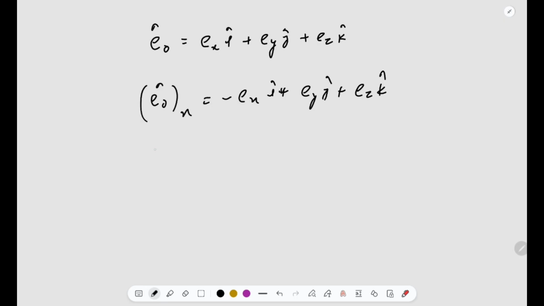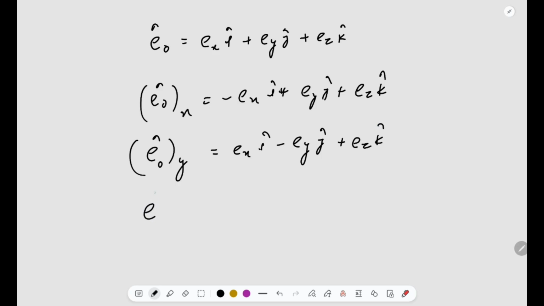And in a similar manner, when this ray encounters the mirror which has a normal along the y-axis, the normal component is going to be changed and the rest will remain unchanged.